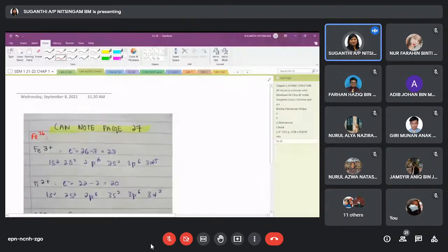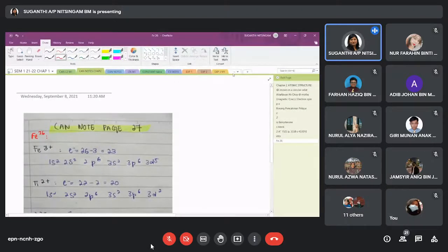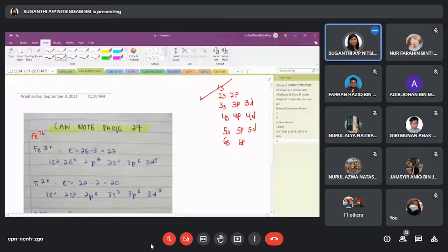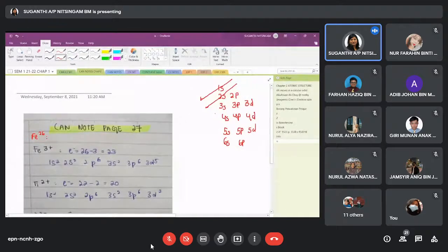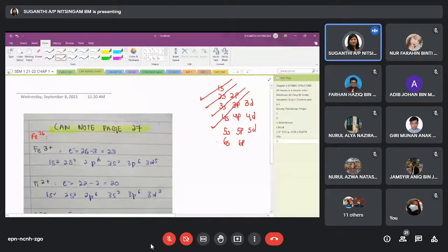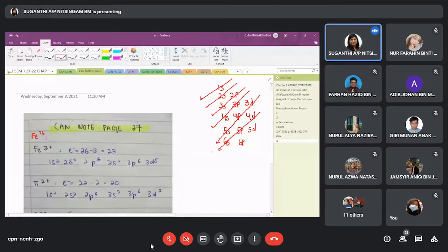If you are confused, before you do anything, draw this first: 1s, 2s, 2p, 3s, 3p, 3d, 4s, 4p, 4d, 5s, 5p, 5d, and 6s, 6p. Just draw this first so that you know what to fill first: 3p, 4s, then 3d, 4p, 5s, then 4d, 5p, 6s. Like that.